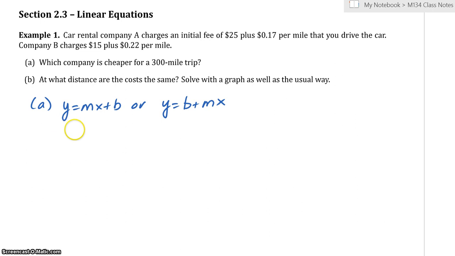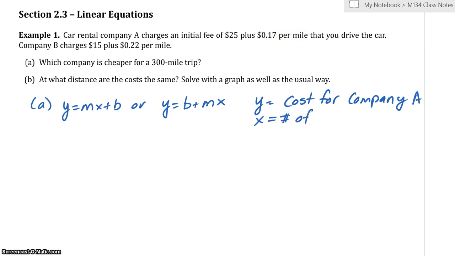So let's look at company A. Let y equal the cost of company A, what the rental company charges, and let x be the miles, because this is per mile. So this would be the number of miles that you travel.